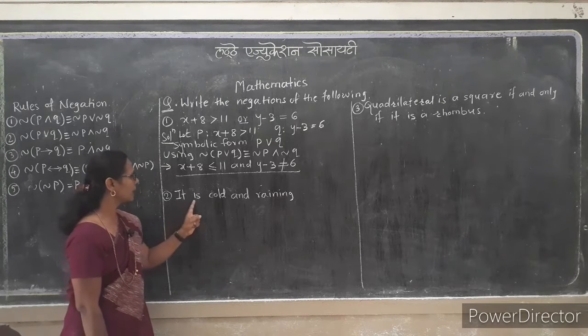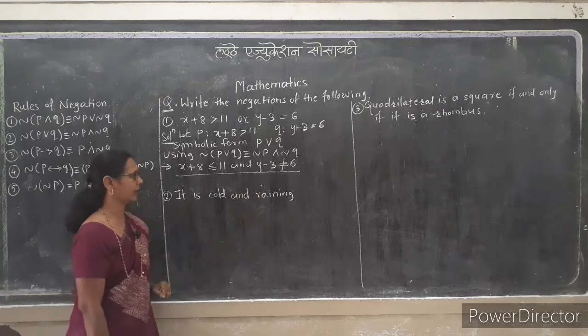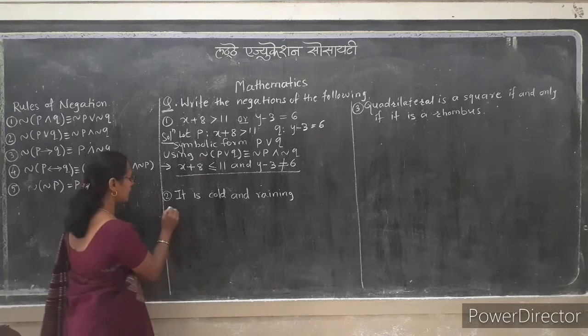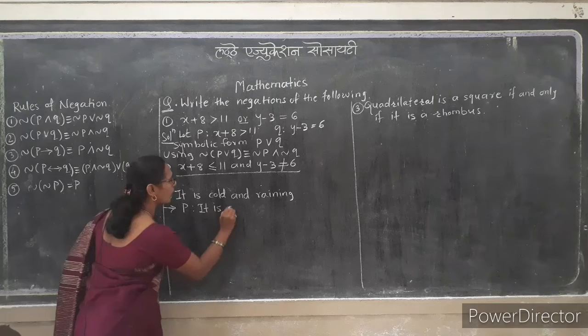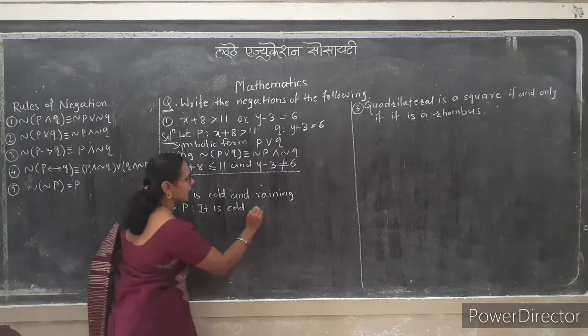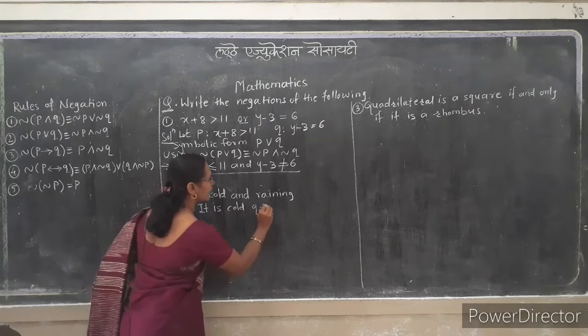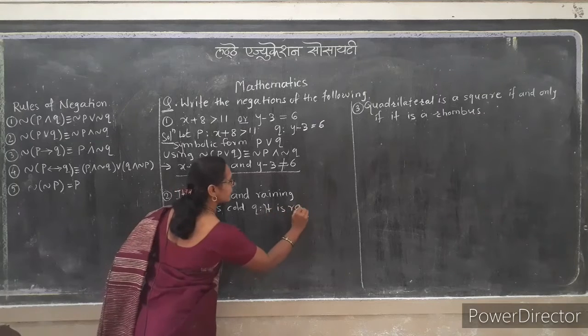The statement here is: it is cold and raining. Here are two statements. Solution: statement P is it is cold and the second statement Q is it is raining.